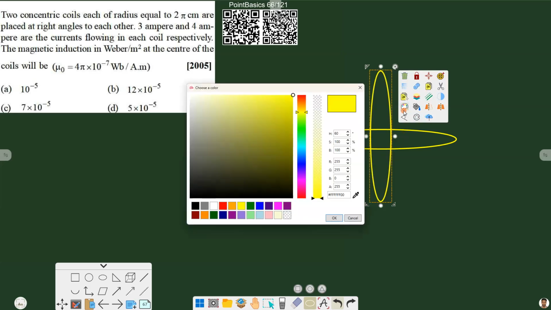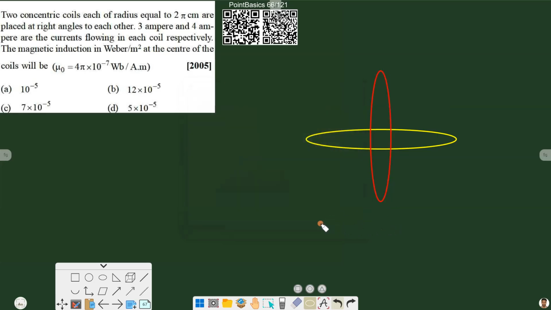Let's change color so that we can distinguish. Their radii are equal and currents are different. It is not mentioned whether current is flowing clockwise, anticlockwise, or one clockwise and one anticlockwise, so we assume our own direction. So this is our ring A and this is ring B.